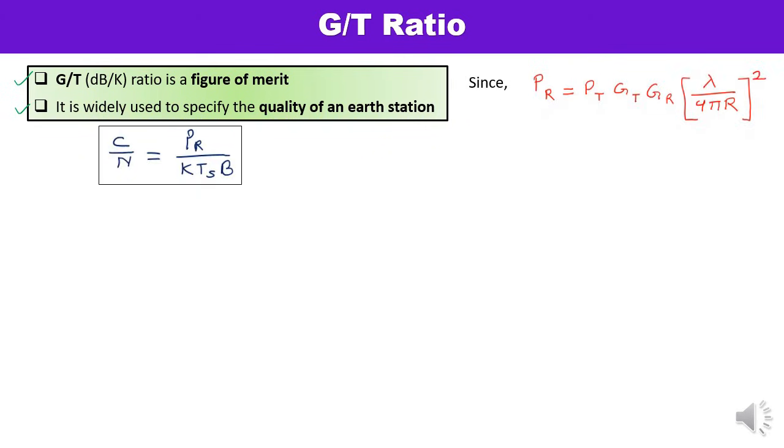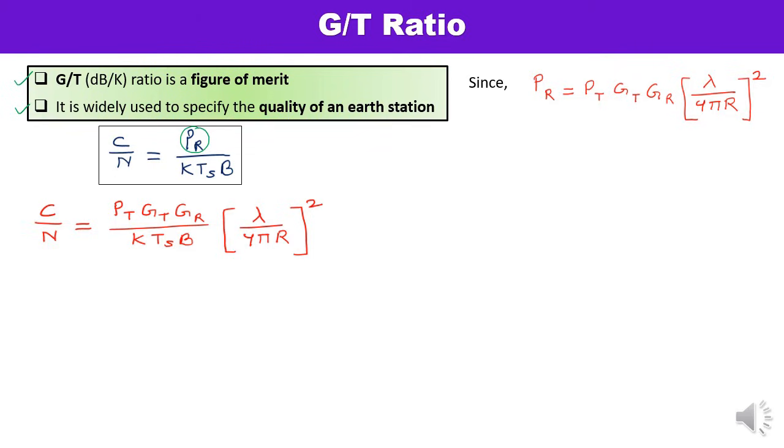To start with, you know the equation for power received, which is PT, GT, GR lambda upon 4 pi r, its whole square. At the same time we have derived the equation for carrier to noise ratio, which is PR upon K TS into B. Now substitute the value of PR into this equation. What you are getting is this particular term. Now we have to rearrange it.